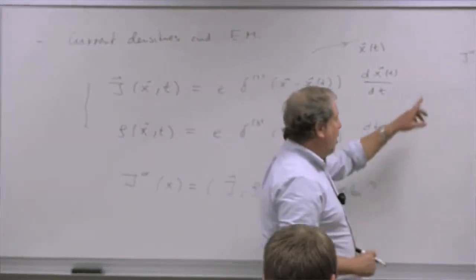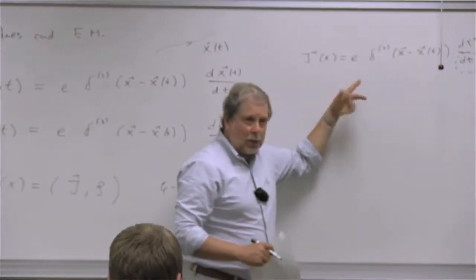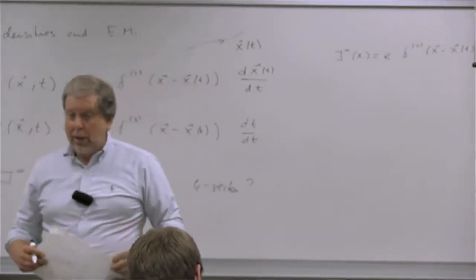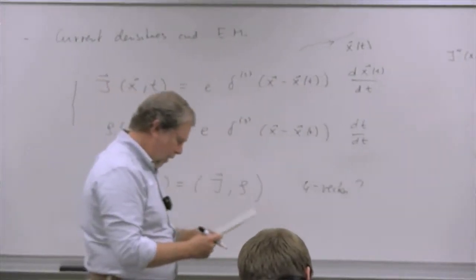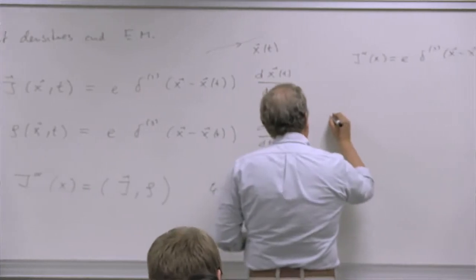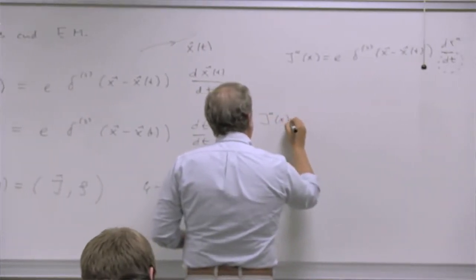So we can certainly make this attempt at writing it this way, but it is not manifestly a 4-vector in this form. Well, it is, because I can rewrite it in the following form.